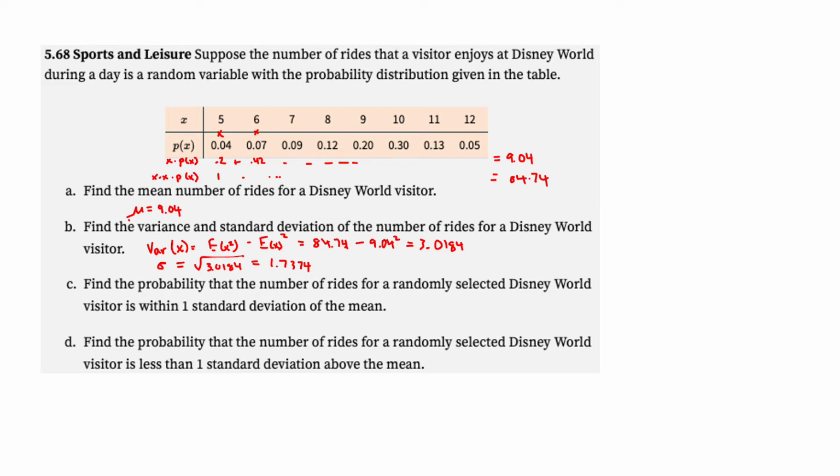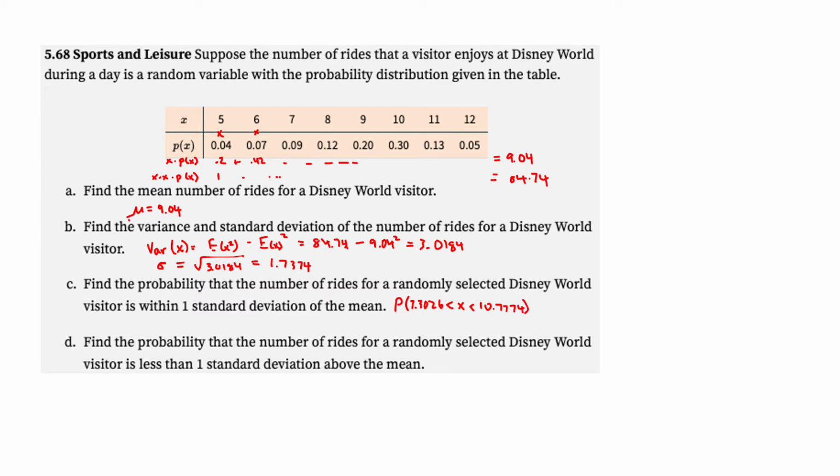Okay, so what we're going to do is take that mean value and subtract 1 standard deviation, and add 1 standard deviation to it. We get a lower bound of 7.3026, and adding the standard deviation to 9.04, we get 10.7774.